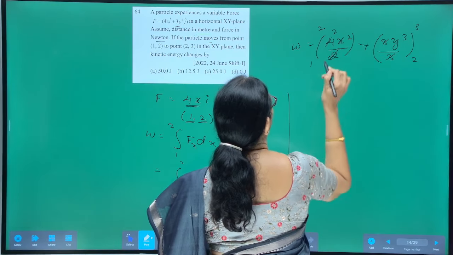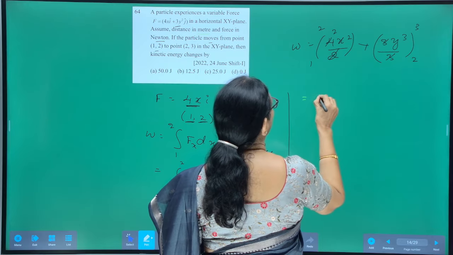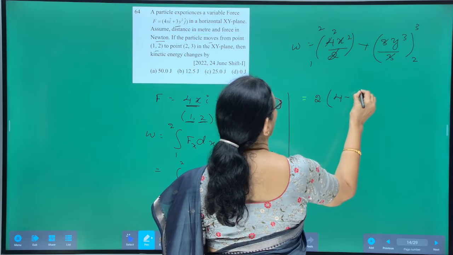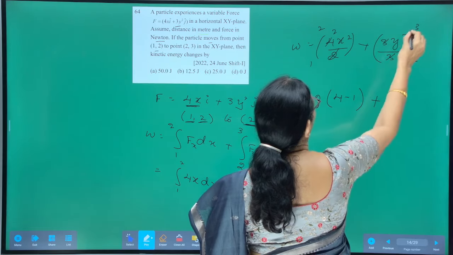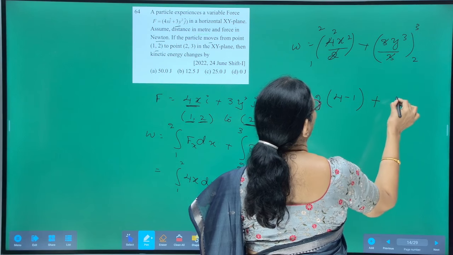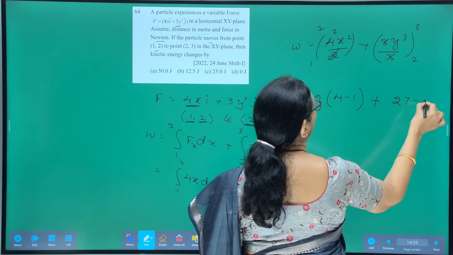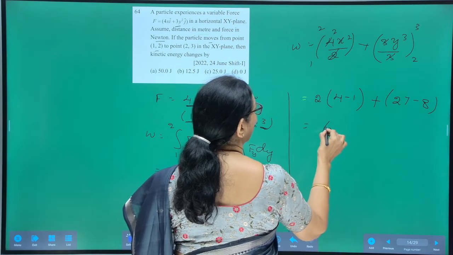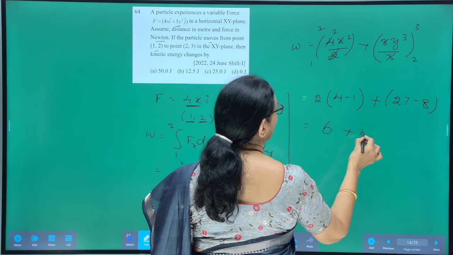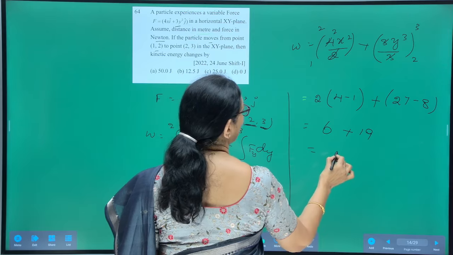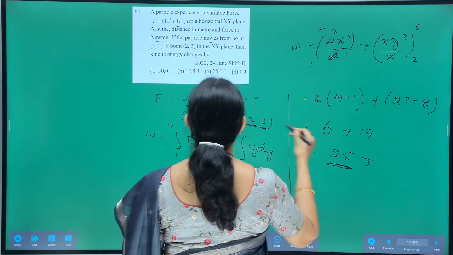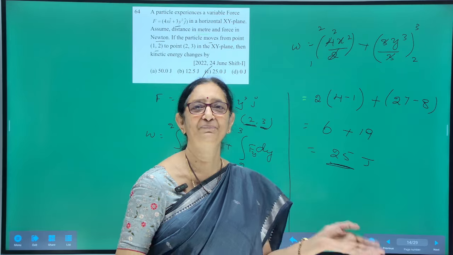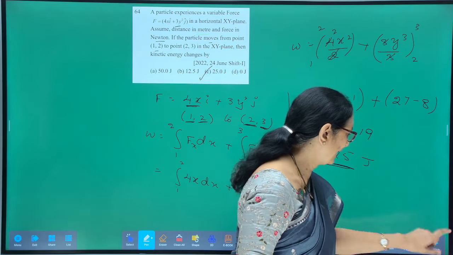So, this is 2, x square is 4 minus 1, right, plus y cube is 27 minus 2 cube, which is 8. So, here 4 minus 1, 3 twos are 6, 27 minus 8, it is 19, 6 plus 19 is 25 joules. This is the correct answer. So, here instead of 6, I had taken 5 in the previous one, that's it. Okay, it's a simple calculation mistake.